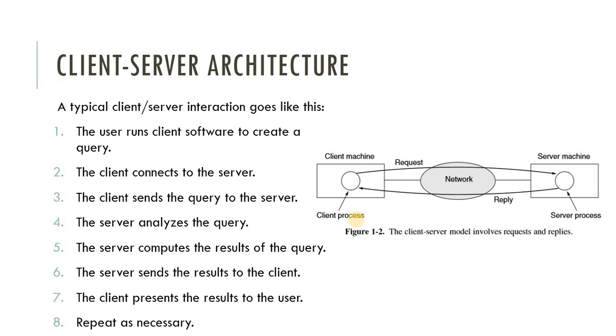When the server process gets the request, it performs the requested work, looks up the requested data, and sends back a reply to the client. These messages are shown in this figure. So this is how client and server communicate with each other.